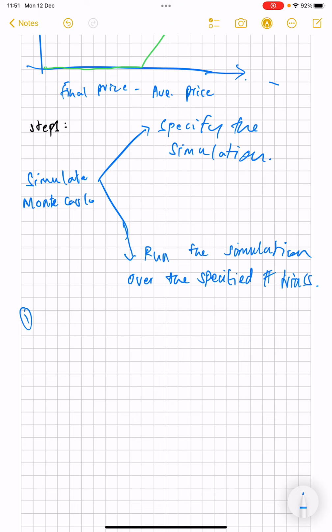Under the specification of a simulation, first you want to specify the quantity of interest. I just took the example of the value of a contingent claim here.